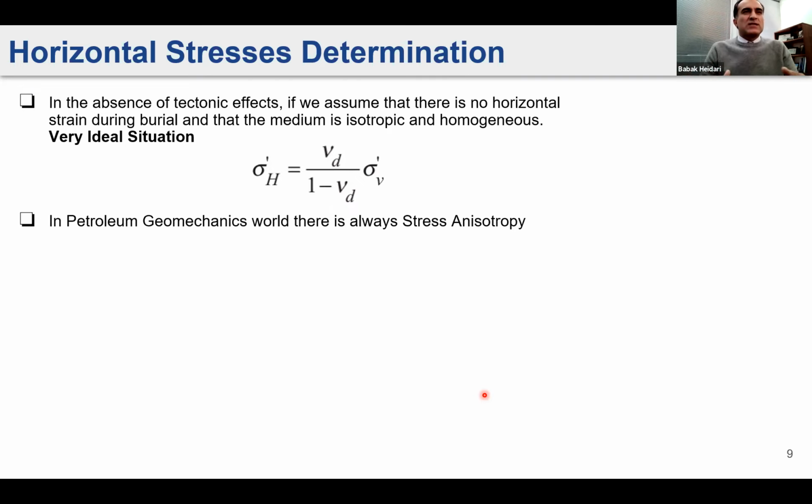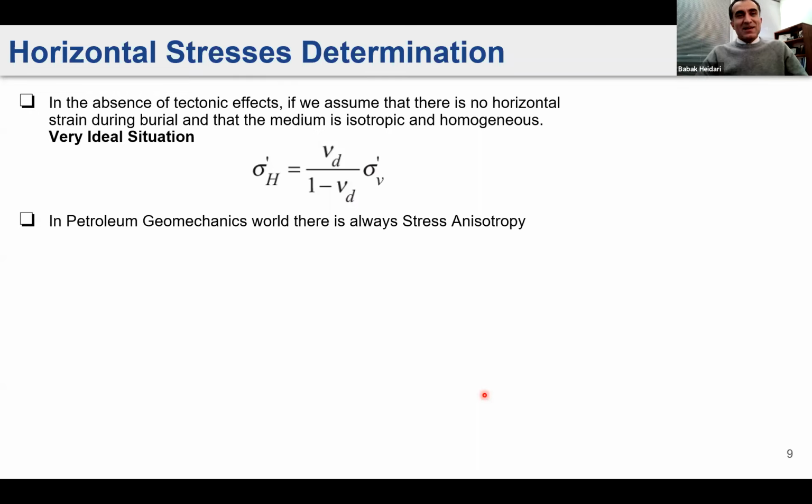There is no stress anisotropy, basically. But in the geomechanics world, when you are drilling a formation, there is stress anisotropy. It can be very minor, but most of the time we are dealing with a formation with tectonics and stress anisotropy, and we need to come up with the different magnitudes of the minimum and maximum horizontal stress.